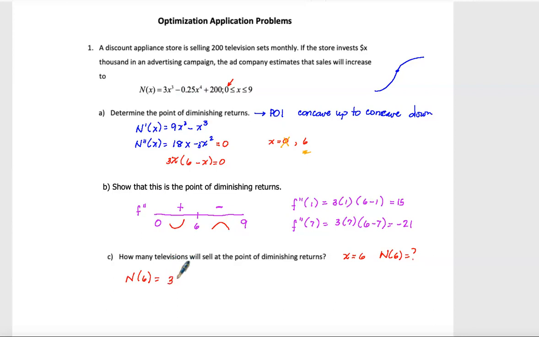So we have 3 times 6 cubed minus 0.25 times 6 to the 4th plus 200. And this would give us 524. So 524 TV sets at the point of diminishing returns.